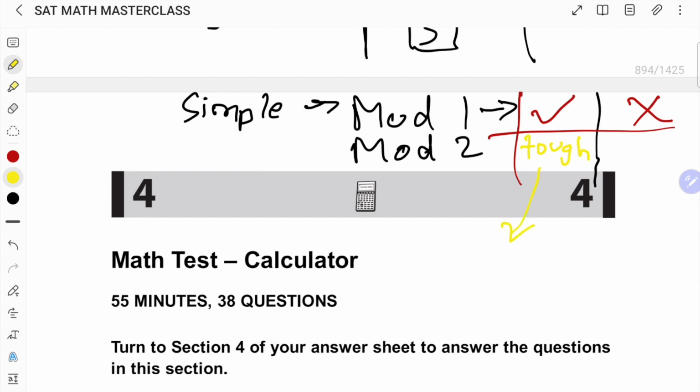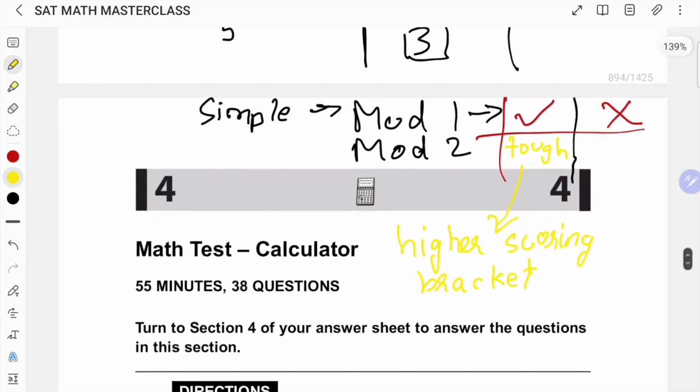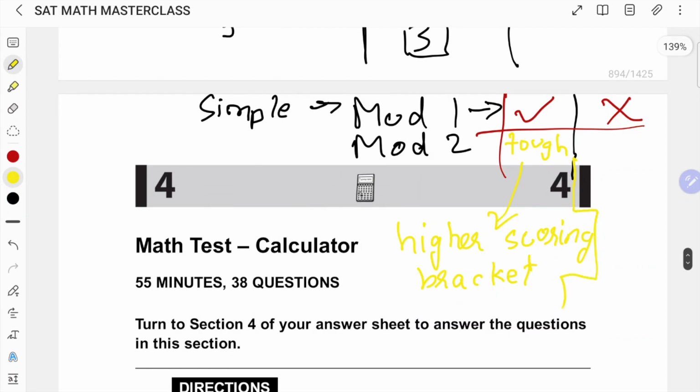These tough questions will place you into a higher scoring bracket. So if you find the Module 2 questions tough, take it in a good way, it means that you'll actually be placed in a high scoring bracket. However, let's say you do badly, maybe life happens, you messed up Module 1.